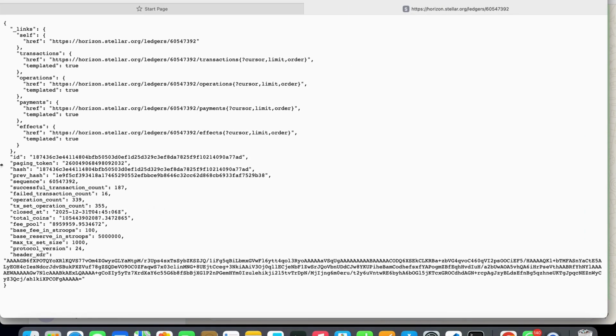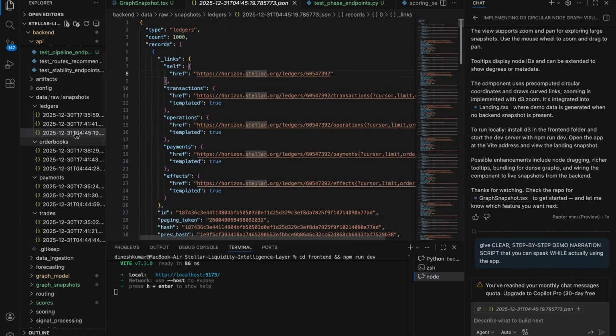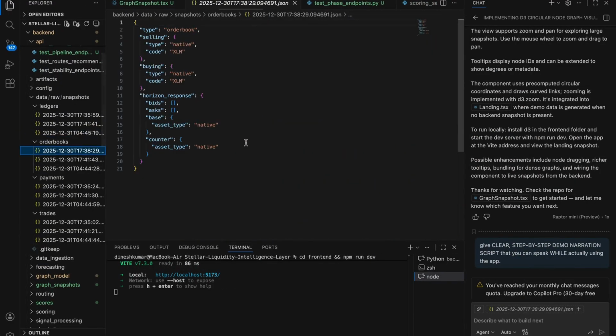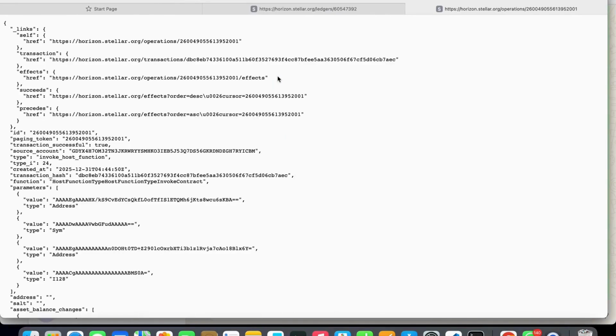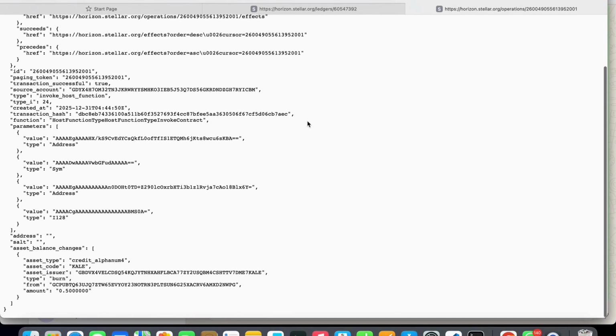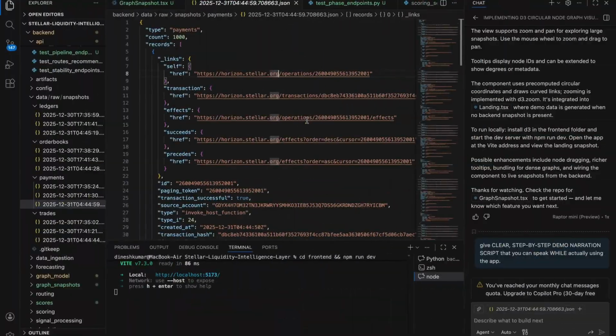You can see the ledger ID, paging token, hash, previous hash, transaction hash, and the total coins, fee pool, base fees, max transactions set size, protocol version, header, etc. And you can also check the operations and the transactions.